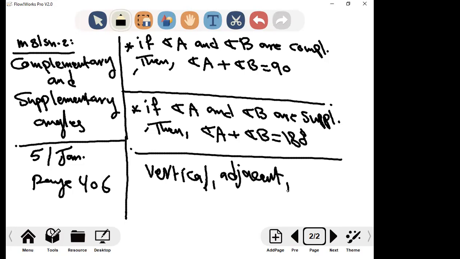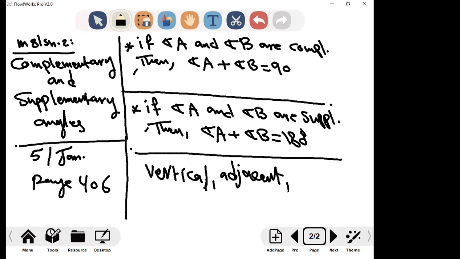they are supplementary, got it? If you have two adjacent angles on a straight line, so you add them, the answer should be what? The straight angle, and the straight angle is how much? 180. So if you have two angles on a straight line, these two angles become what? Supplementary, because the addition of them is 180.